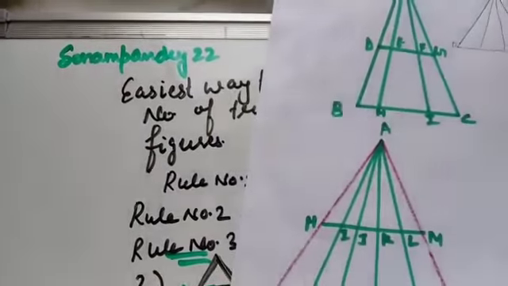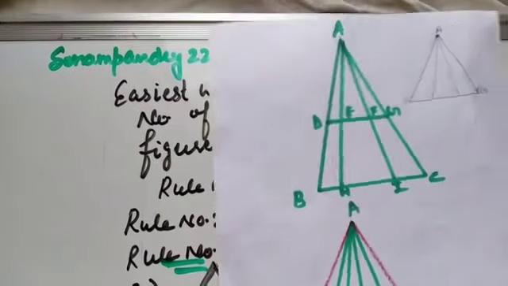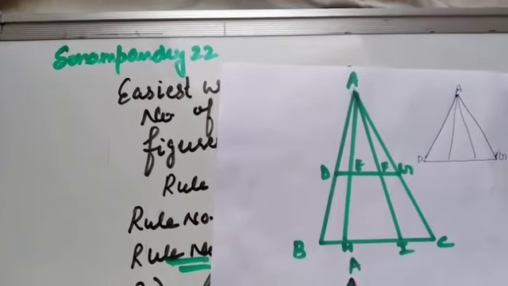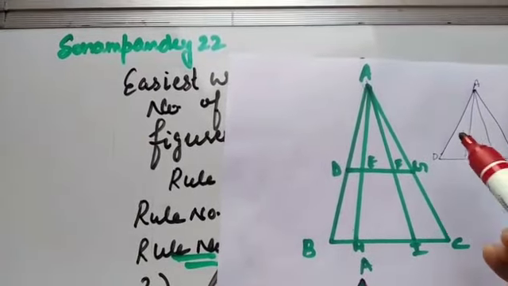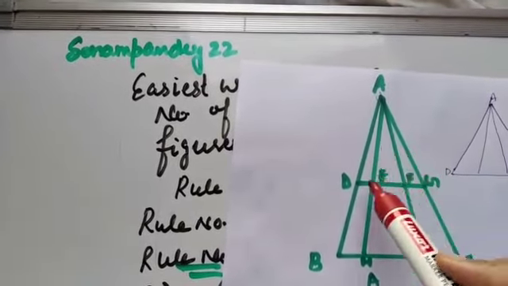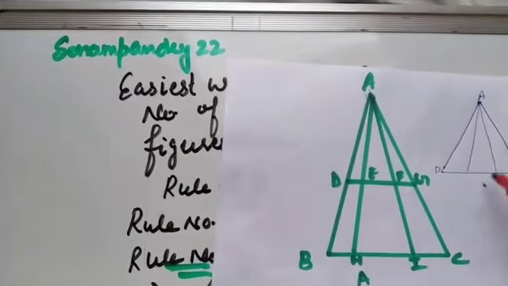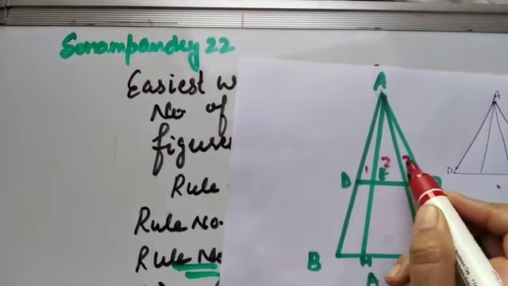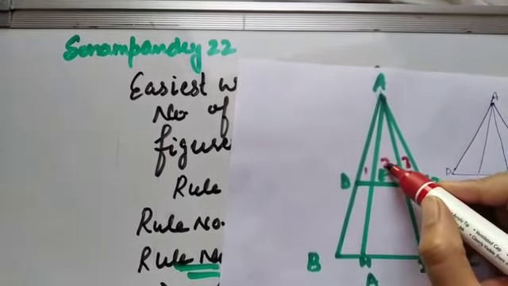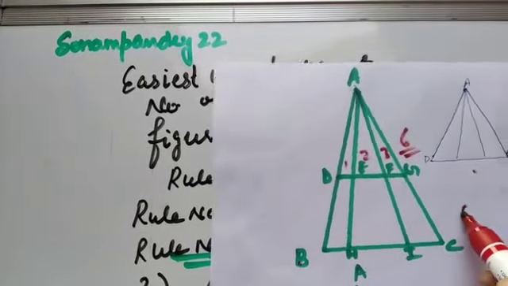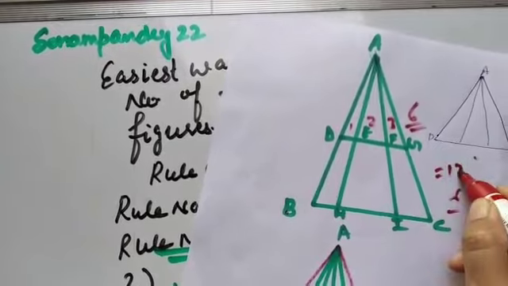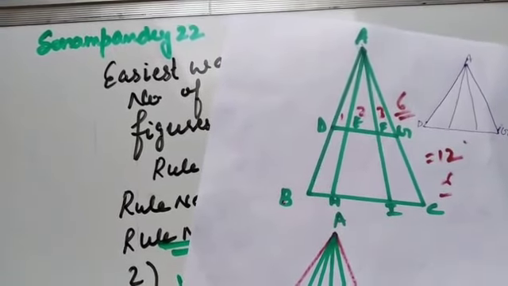Now rule number 3, that is, if you have vertical and parallel lines both in the triangle, then you have to separate them. You can separate ADE like this, and then you have to count 1, 2 and 3. So there are 3 plus 2 is 5, 5 plus 1 is 6, and for triangle ABC also 6. So there are 12 triangles.